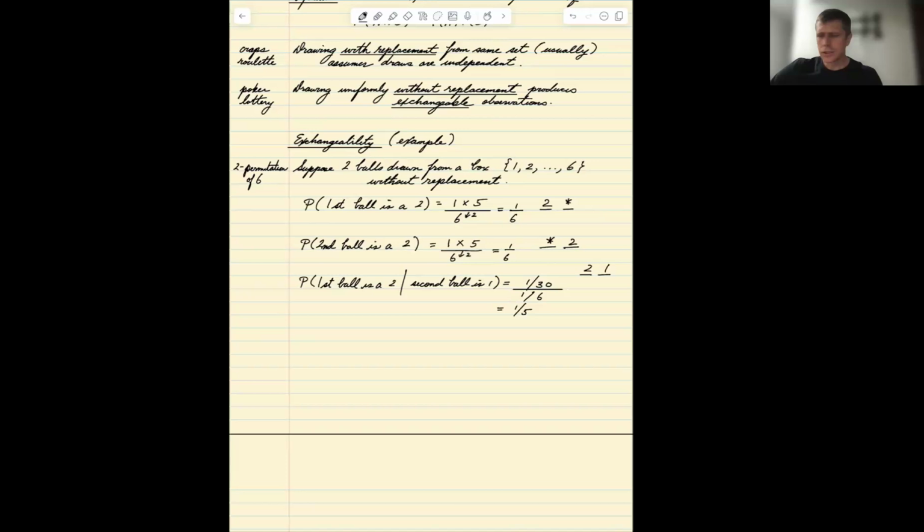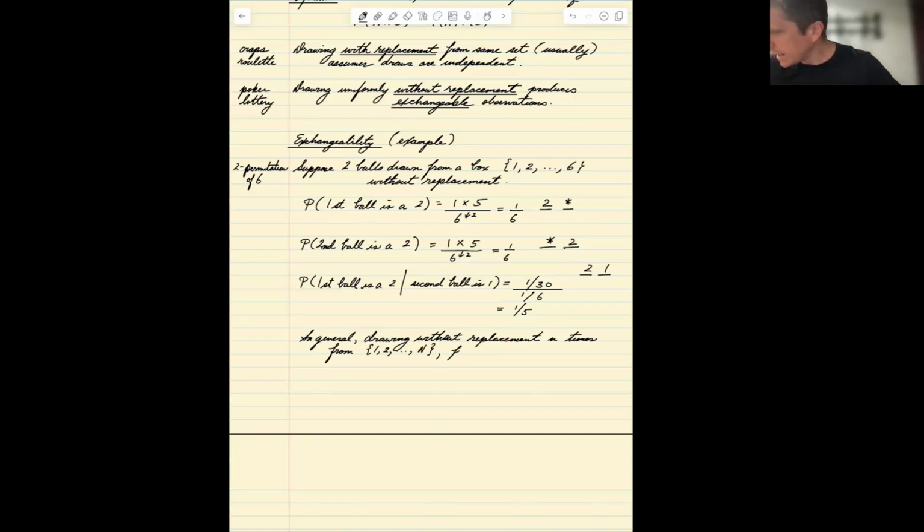So in general, what does this tell us? If we draw without replacement n times from a set, for any distinct indices n1 up through nk, we subset our attention.